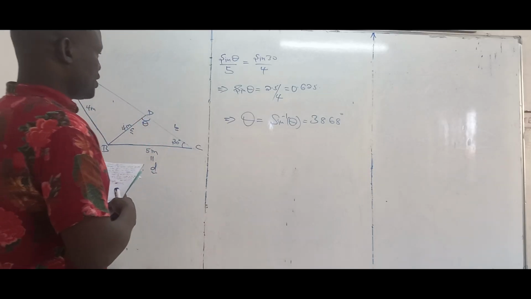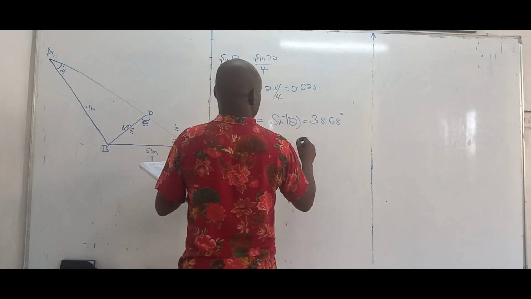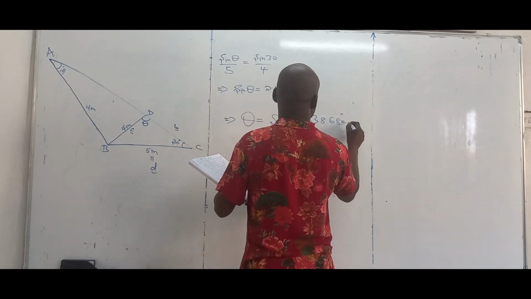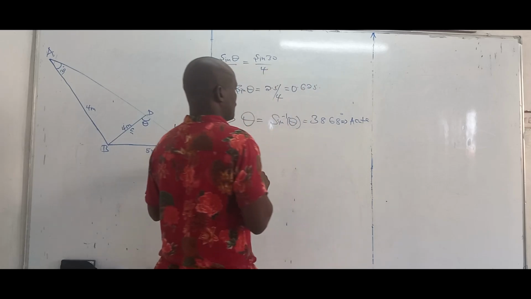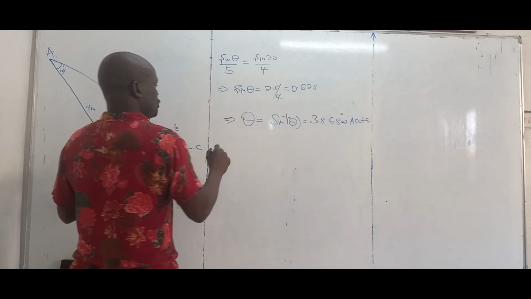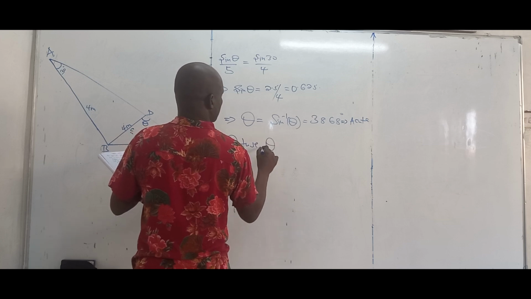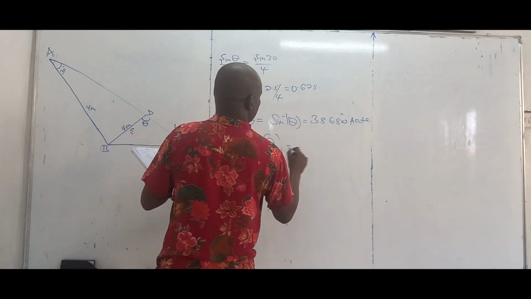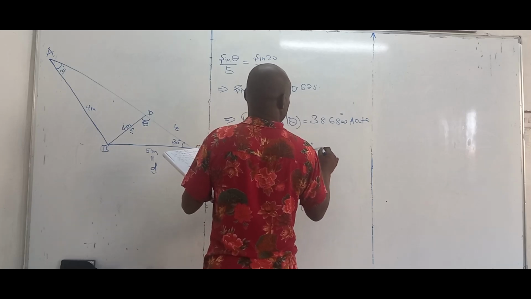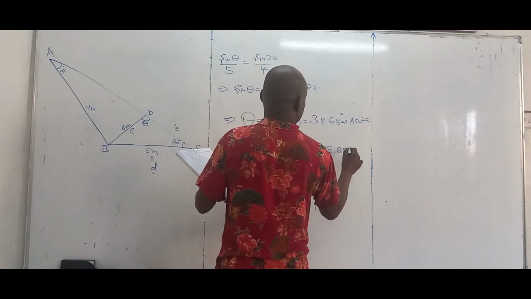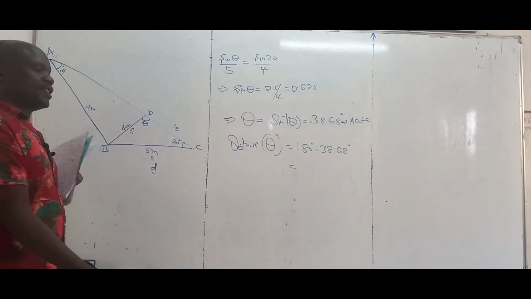This is the acute value, but the obtuse value of theta will be 180 degrees minus 38.68 degrees, because now it's in the second quadrant.